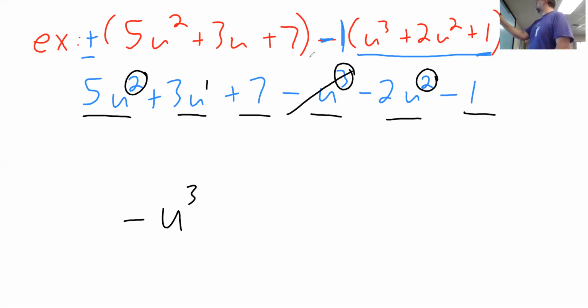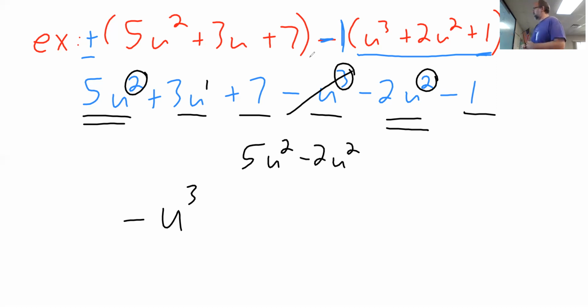Next, we have the squareds. So we got 1 there and 1 there. So that's going to be 5u squared minus 2u squared. I just put that there to help me do the math a little easier, because it narrows down my focus on just the pieces involved. So 5 minus 2 gives us plus 3u squared. And that's used up.